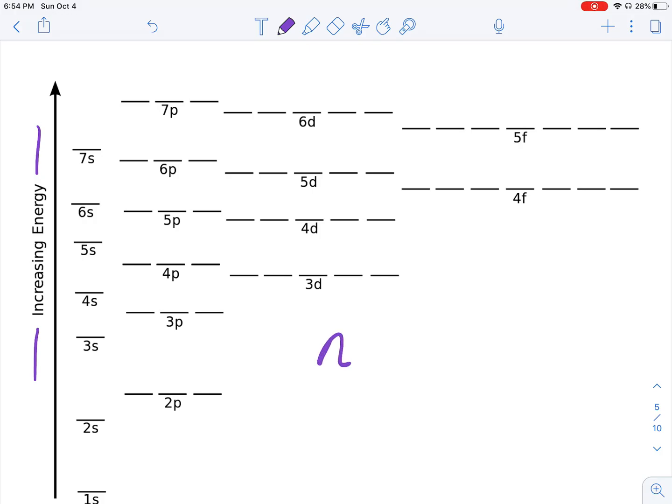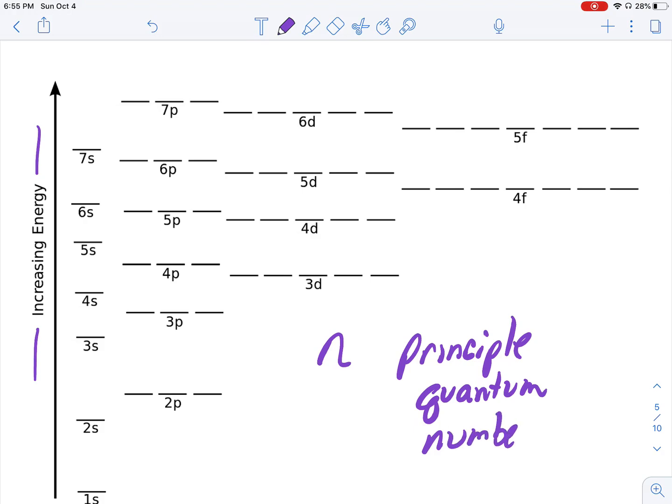So n is the principal quantum number. And this is sometimes referred to as a shell, but principal quantum number with the symbol lowercase n is kind of the proper designation for it. So there are 7 possible principal quantum numbers: 1, 2, 3, 4, 5, 6, 7.